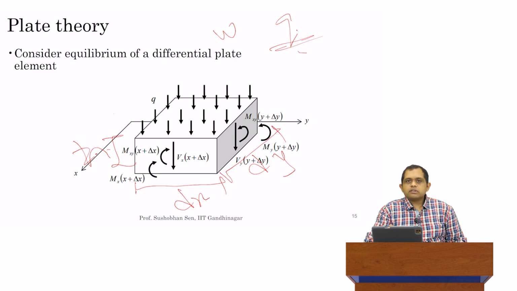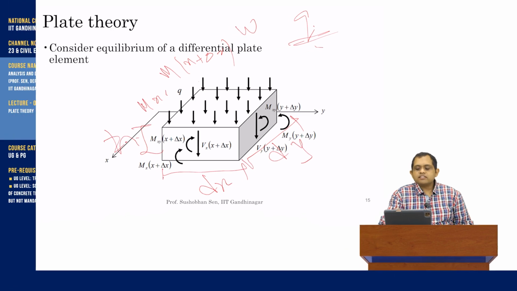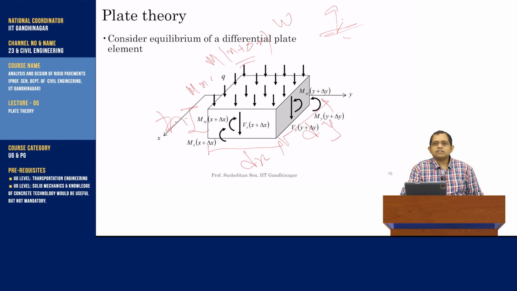So what we see here is, if we do a force balance, then on one side we are going to have, let's say, some moment Mx. And on the other side, we will have another moment, which is M of x plus delta x. And I'm sure all of you have seen this practice, that this can be written using a Taylor series approximation, truncated to the first term, so this is equal to Mx plus delta x into del Mx over del x.